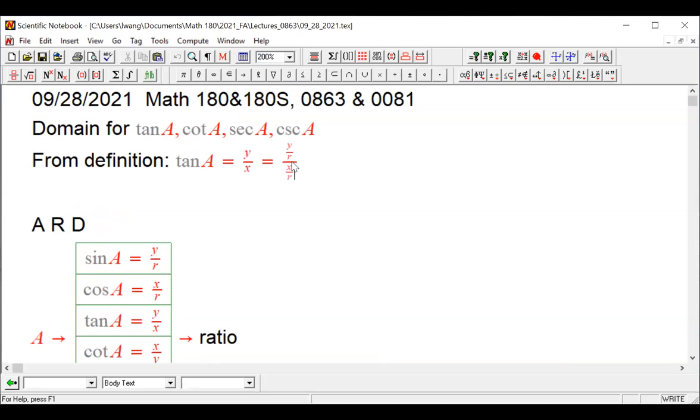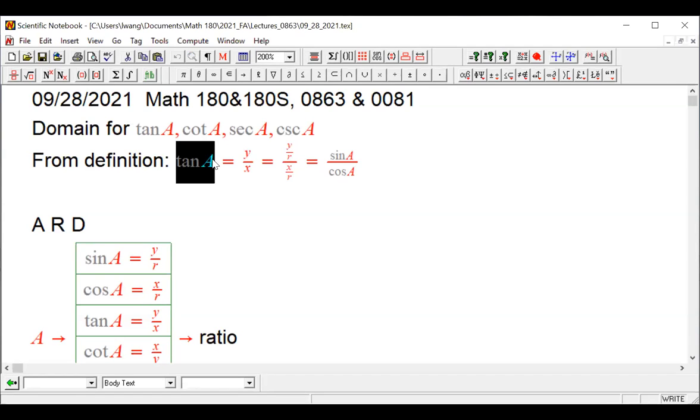And doesn't this also equal sine of A over cosine of A? So from definition, we know tangent A equals sine A over cosine A, right? A lot of you already know that, but now you know where it came from. It came from the definition.